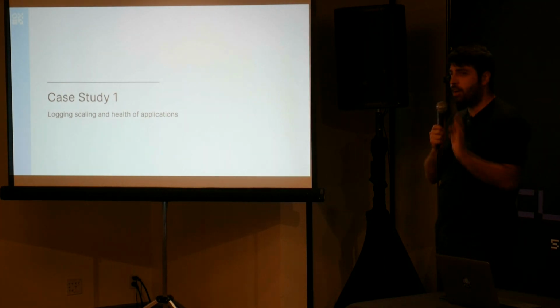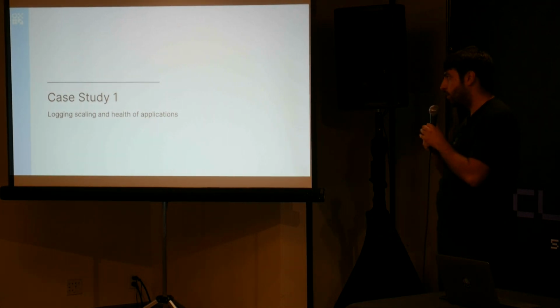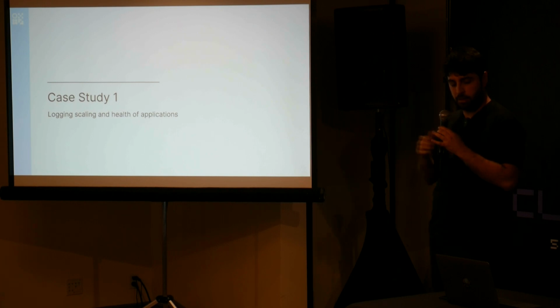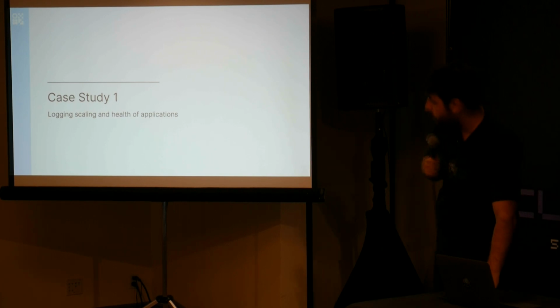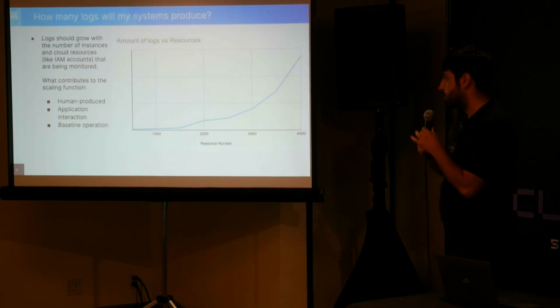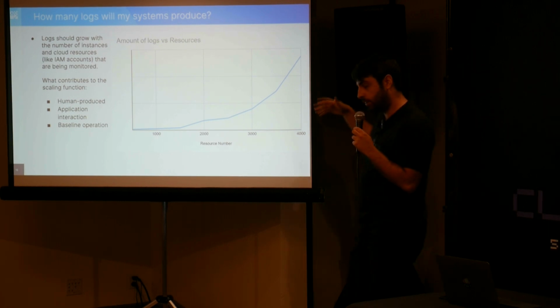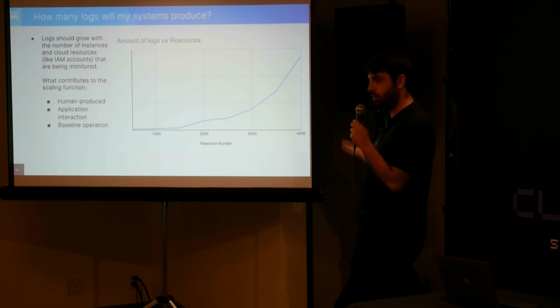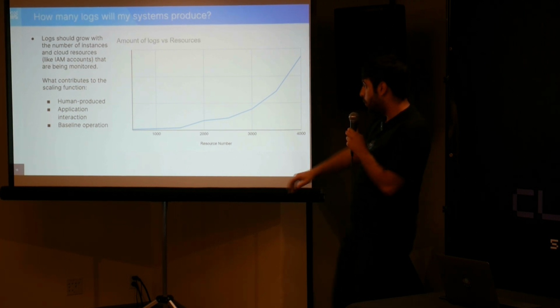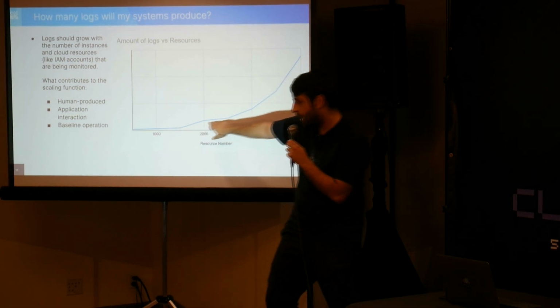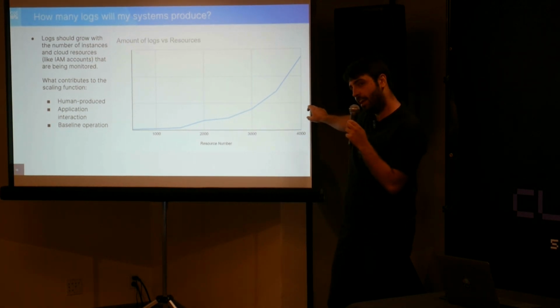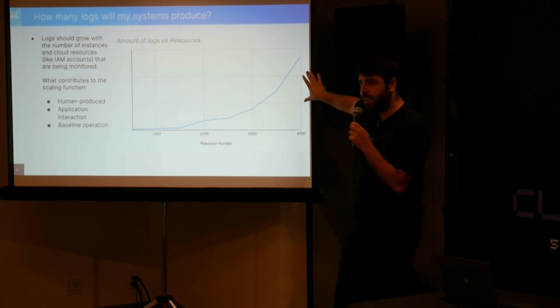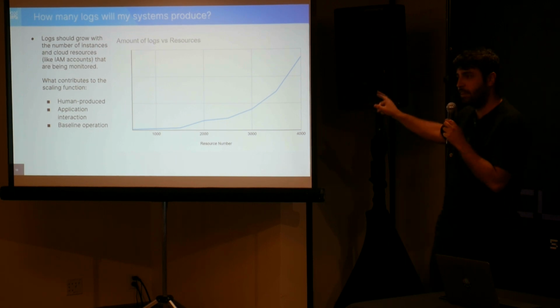So, let's talk about some case studies, particular examples of how this works. Logs should scale with the amount of instances, IAM, and general resources that you have. So this should be a nice linear graph, but as you see here, it doesn't tend to be like this.